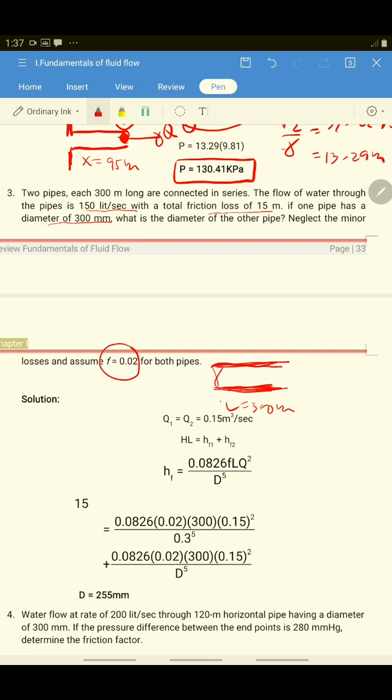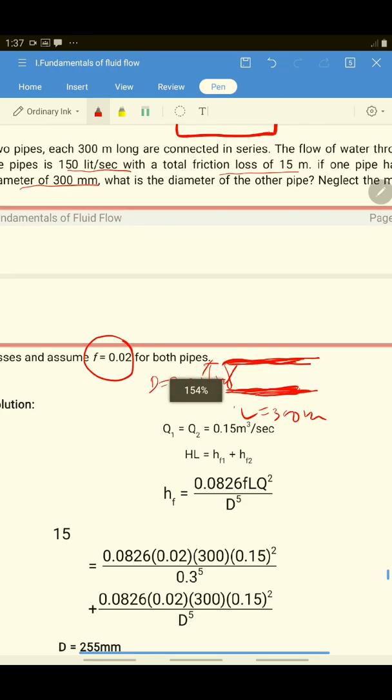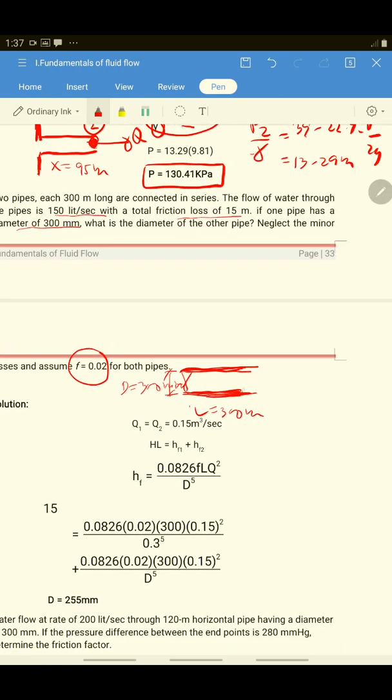It is assumed that the diameter of one pipe is 300 mm. So what will be the diameter of the other pipe?